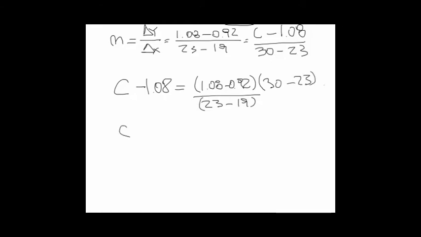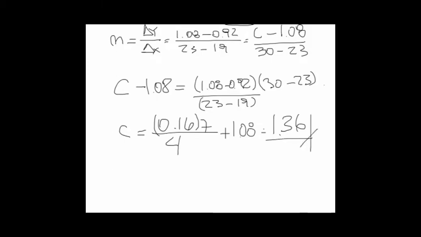So we have the cost C is going to be equal to 0.16, which is the numerator, divided by 4, which is 23 minus 19, and this multiplied by 7, which is 30 minus 23, plus 1.08. So the cost for R30 is equal to 1.36. So this is the cost of materials for the R30.